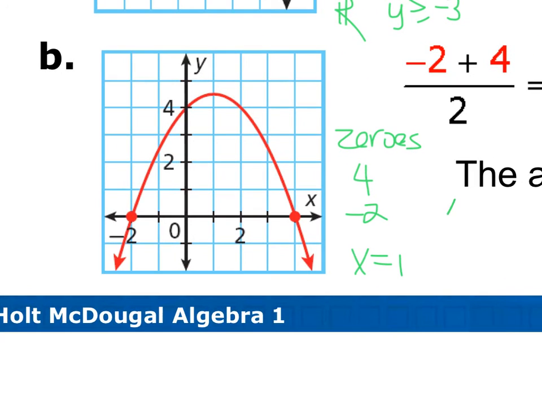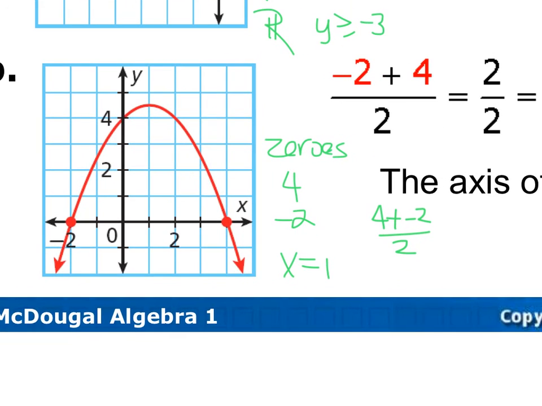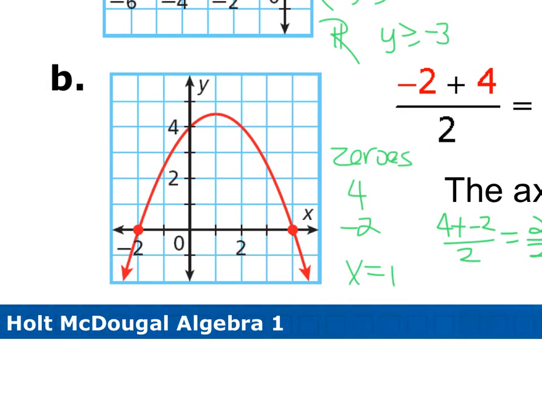Because if I add 4 plus negative 2 and divide it by 2, 2 divided by 2 is 1. Or the other way is to find the vertex, which is right here, and it's the ordered pair 1, 4.5. And again, the axis of symmetry is x equals 1.